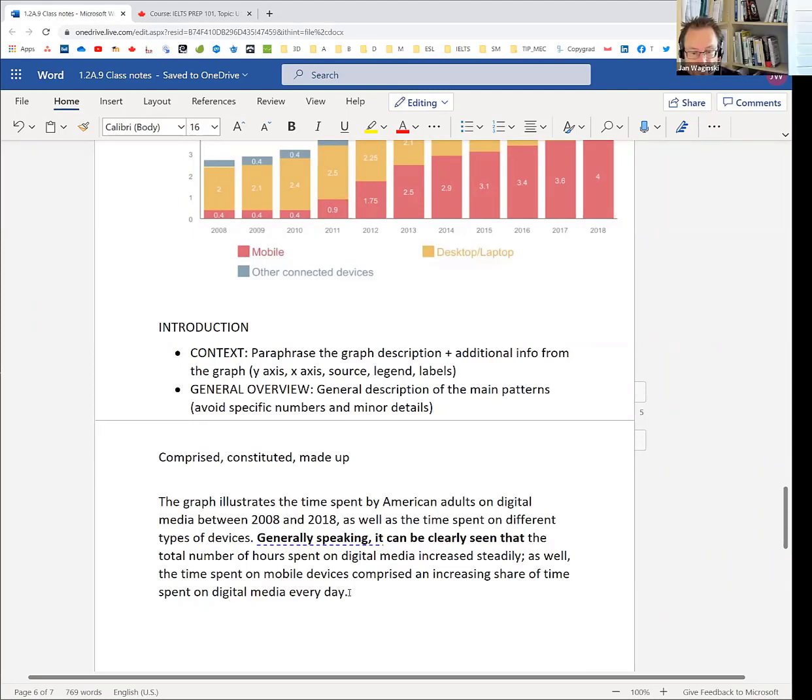Okay, so this is what a solid introduction looks like. For task 1, it's going to follow this pattern all the time. It's not too specific, it's not too general. The reader, based on this, knows exactly what I'm going to talk about.